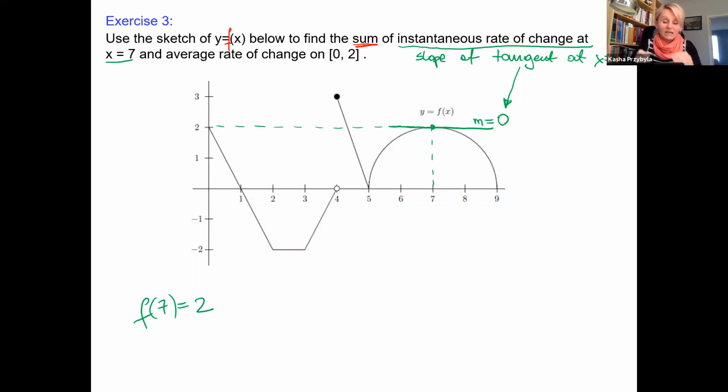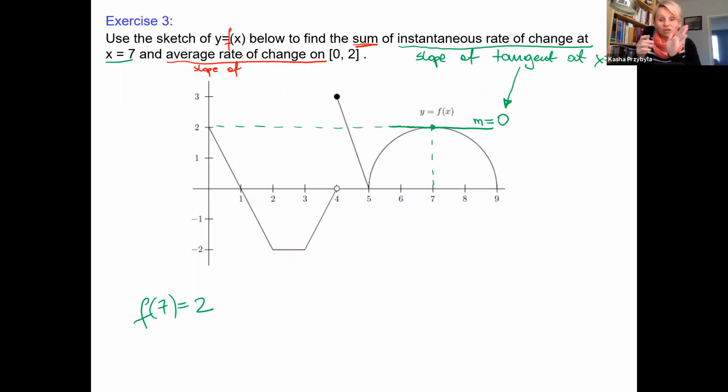And using the same understanding, what's the average rate of change? Mathematically, it will be the slope of what line? Can you type for me? Average rate of change is just the slope of... I'm waiting for my students to type.